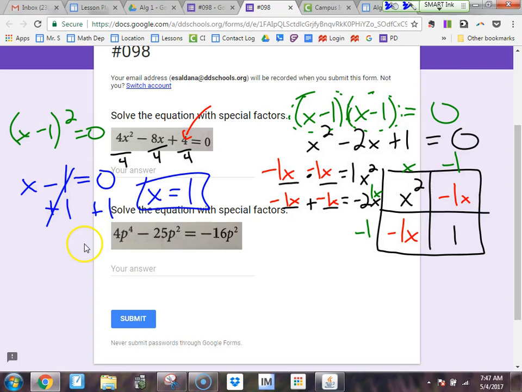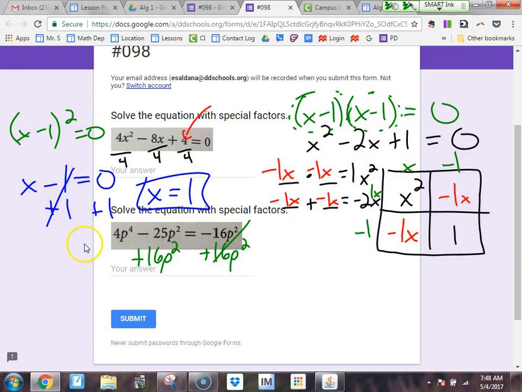Let's go to the next one. Again, with these quadratic expressions, it's best to have equals what? You need equals 0. Okay, so I'm going to move that 16p squared that's on the right side to the left-hand side. I'm going to add 16p squared. Now it happens to be something that I can put together with another p squared.